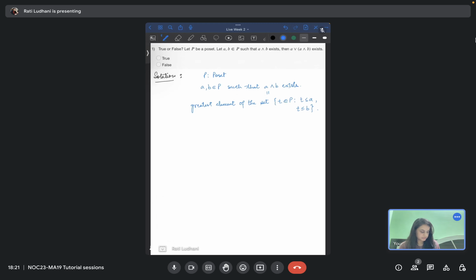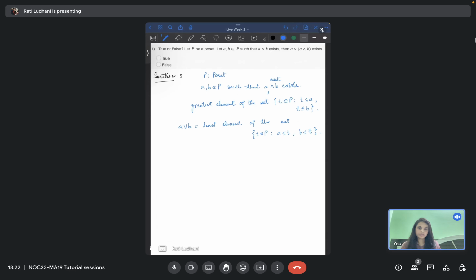And just to recall, this is meet and this is join. A join B is the least element of the set of T belonging to P such that A is less than or equal to T and B is less than or equal to T. So this is kind of LCM for numbers.